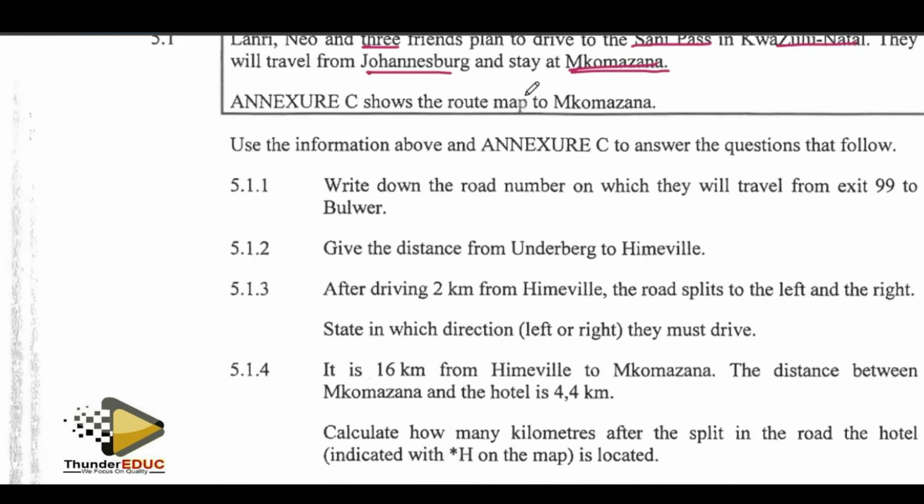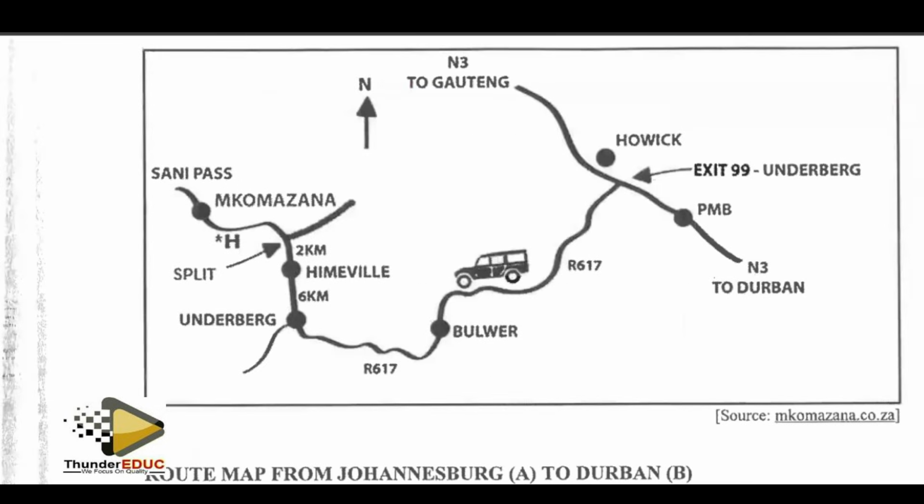The next exercise shows the route map to Makosi. Use the information above and the annexure C to answer the following questions. Write down the road number on which they will travel from exit 99 to Brewer. Let's go there. They are here.